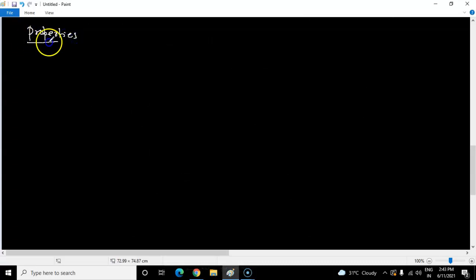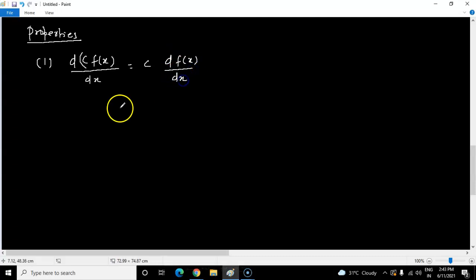Properties here. For differentiation of a constant times f of x, where c is a constant, you can take c outside and differentiate only f of x with respect to x.